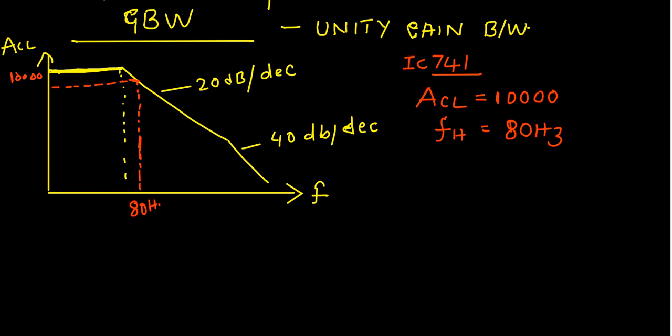Then ACL, the closed loop gain, has become 100 at a frequency of 8000 hertz. Then ACL has become 10.